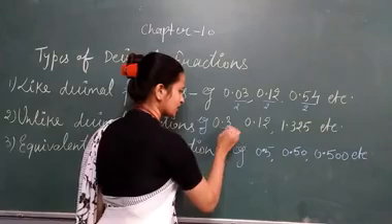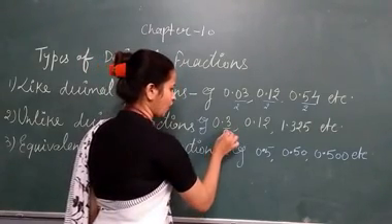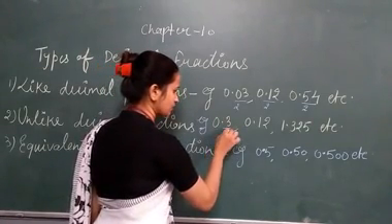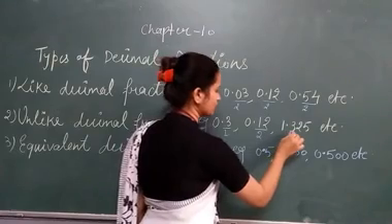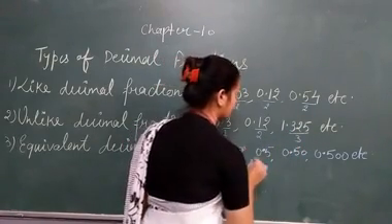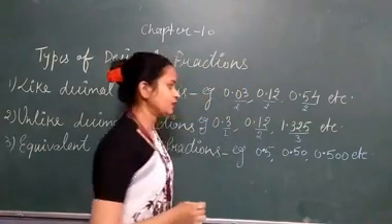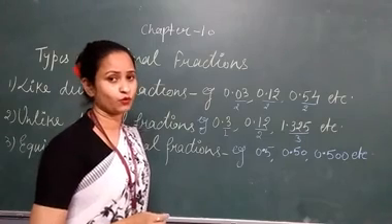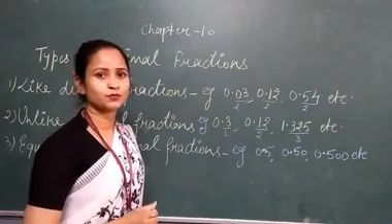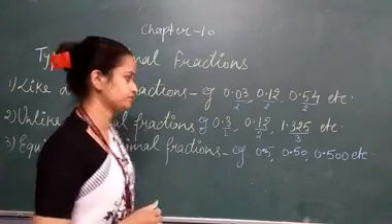We can see after the decimal point 1 digit is there and this 2 digits are there and this 3. We can see in this example decimal places are different, so it is called unlike decimal fractions. Okay.